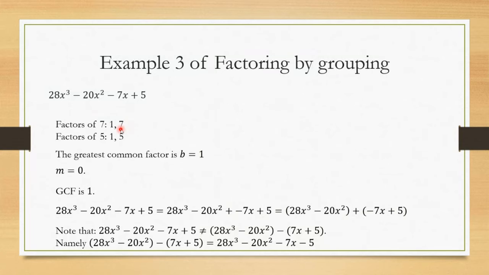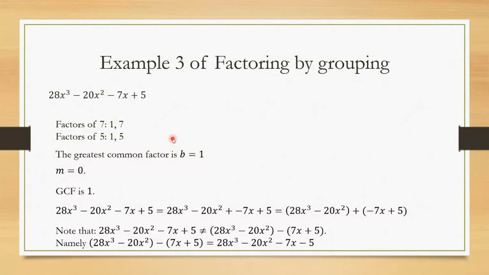Now, right away, you can see that the only common factor among 7 and 5 is 1. That tells us the only common factor among the coefficients and the constant term, among these 4 numbers here, can only be 1. So the greatest common factor among the coefficients and the constant term is 1.